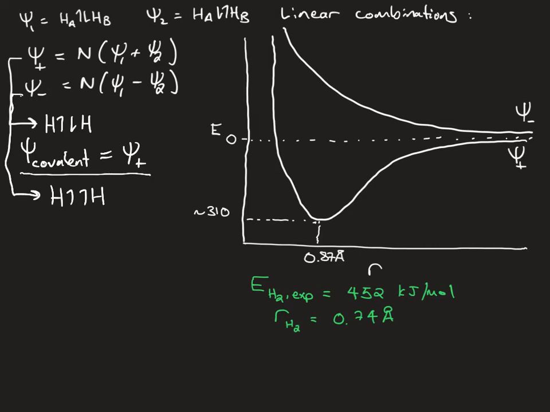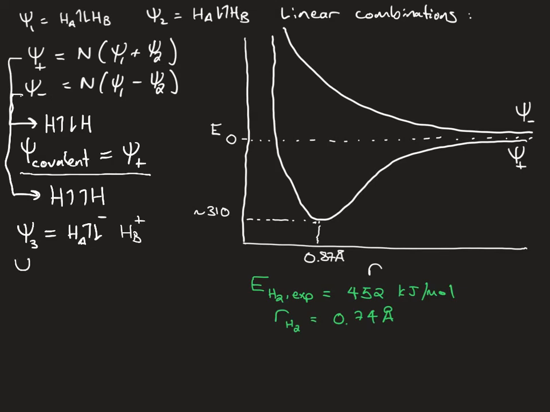In other words, we can come up with an ionic wave function. So, for example, we can come up with psi 3, which corresponds to the two electrons associated with HA, making it a hydride, and none associated with HB, making it a proton.